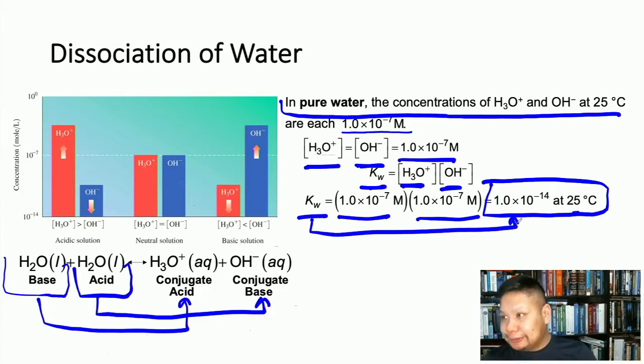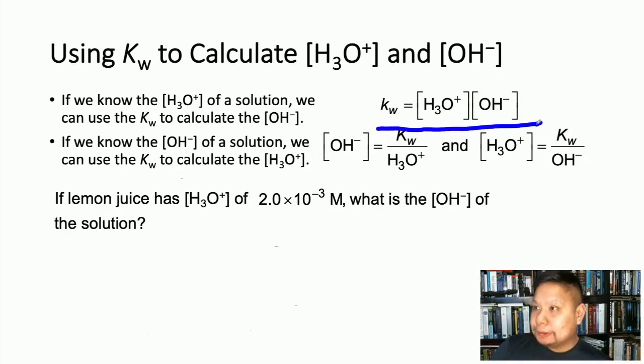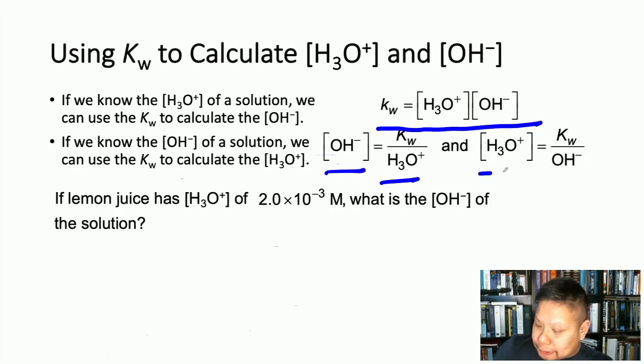You should remember that. So we can use Kw to calculate the concentrations of hydronium and hydroxide ions in different acids, right? So you have Kw equals the product of hydronium ions and hydroxide ions, which you can easily rearrange like we've been doing with the gas laws, where the hydroxide concentration is equal to Kw divided by hydronium, or the hydronium concentration is equal to Kw divided by the hydroxide concentration.